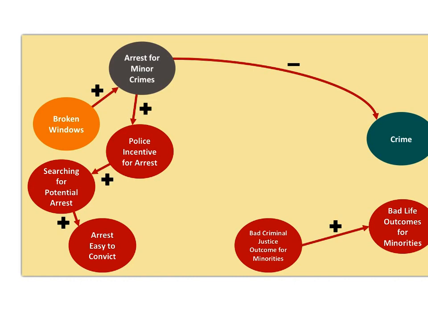What does that mean? That means then that they're going around searching for potential arrests, and they're going to start to arrest anyone they think they can get a conviction for.